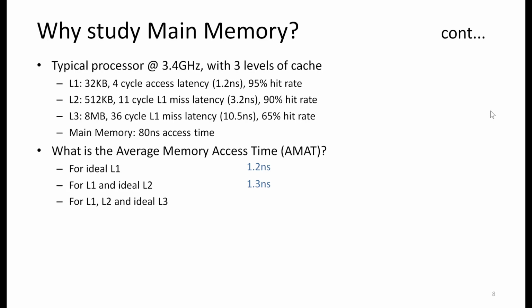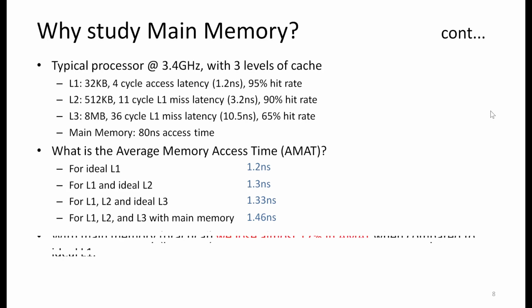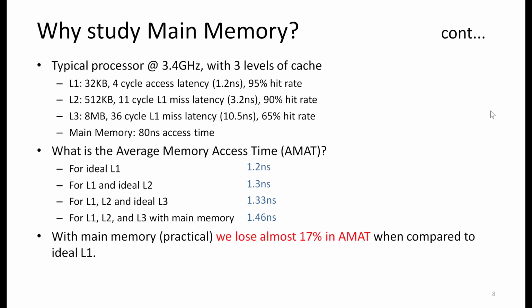If we have L1, L2 and ideal L3, AMAT further increases to 1.33 nanoseconds. And now if we have the entire memory hierarchy, which is a more practical view, the AMAT increases to 1.46 nanoseconds.